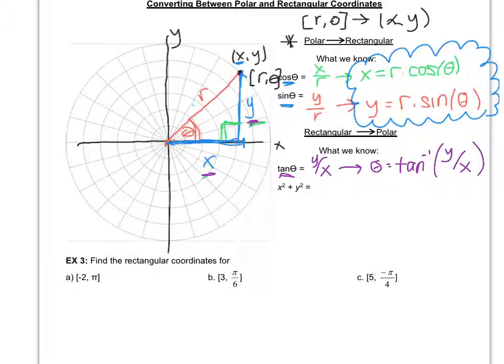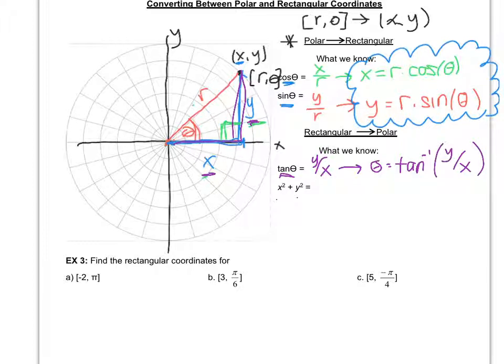Okay, and then to figure out the value of the radius, again, looking at this right triangle, we know the Pythagorean theorem, which says x squared plus y squared. What we're used to saying is a squared plus b squared equals c squared.